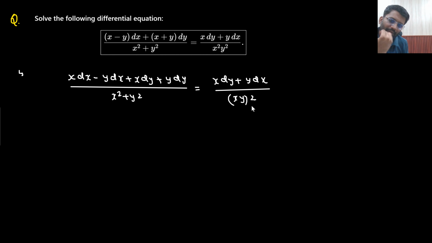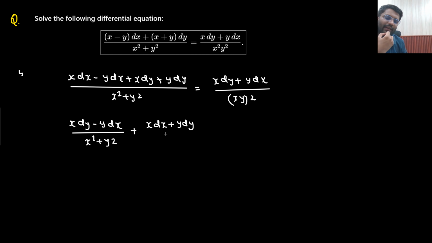Now you see one thing: x dy minus y dx, can I write it? Because I know that this is a standard pattern, divided by x square plus y square. Plus x dx plus y dy, this is also standard, no? Divided by x square plus y square.